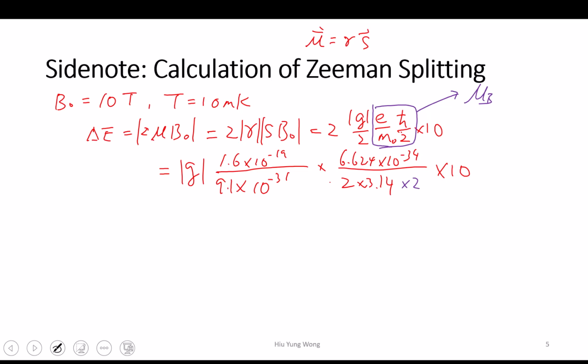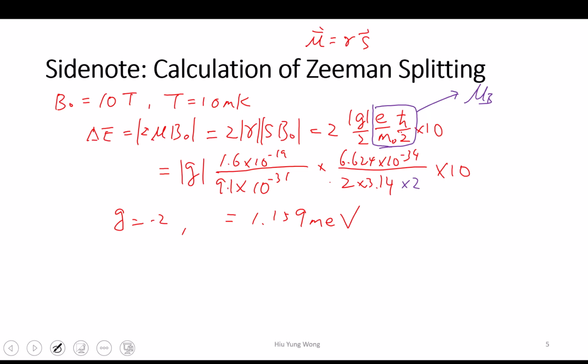But anyway, my calculation is that when G equals negative 2, then I get energy equal to 1.159 meV. Now, what is the meaning of meV? What is eV? What is energy in terms of eV? eV is the energy gained by one electron charge when you travel across 1 volt.